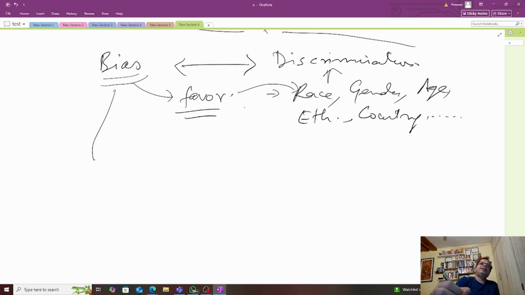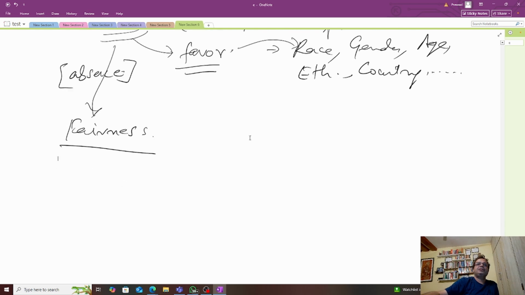And then about fairness. Generally, if you ask, fairness means absence of bias. So if the bias is absent, then it means that the algorithm or the process is fair.